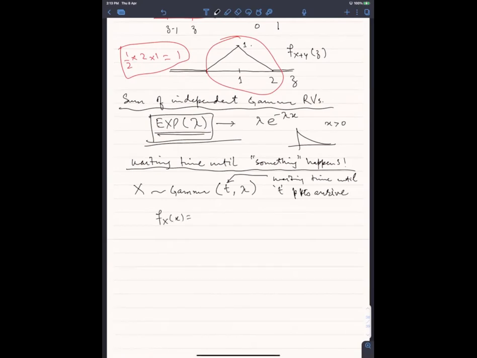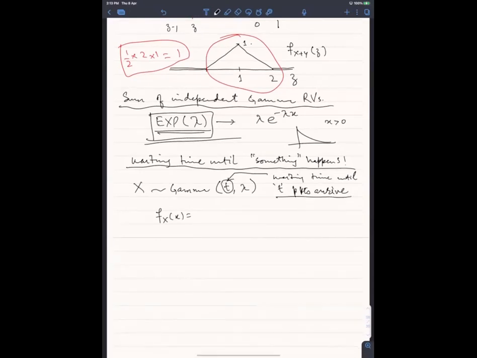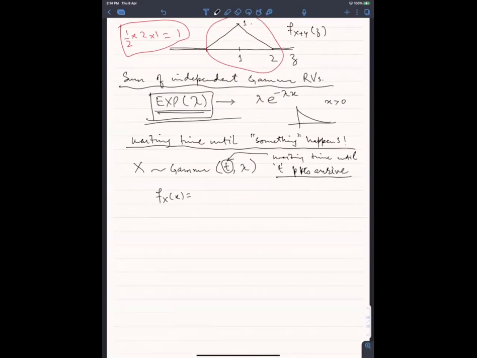Now you might notice that if t is the waiting time until t packets arrive and this is exponential, then the gamma distribution for t is equal to 1 should be the same as the exponential distribution. Okay, and that is actually the case.